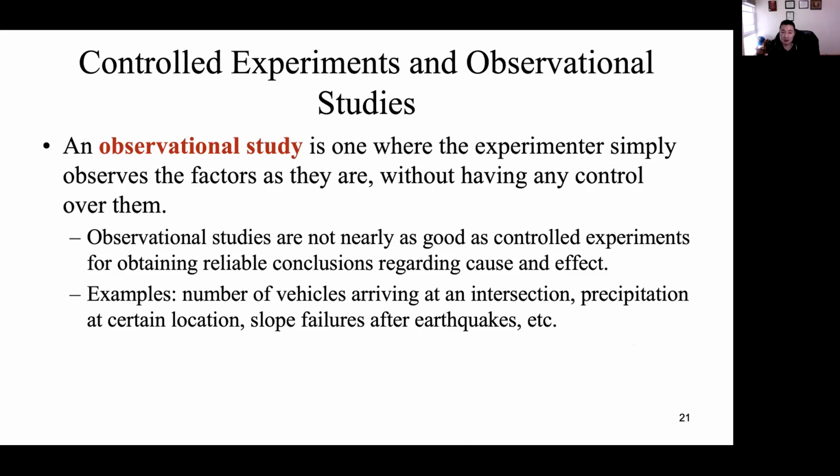That's something we cannot control. We can simply observe or count how many cars pass through that intersection. Or precipitation, how much rain in a certain location, and so on. Observational studies are not nearly as good as controlled experiments, but sometimes we have to deal with that.